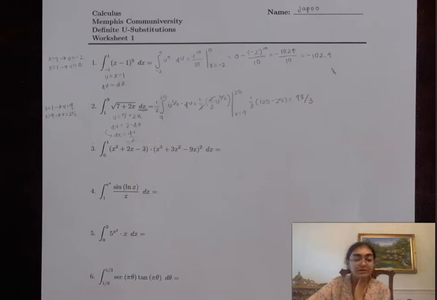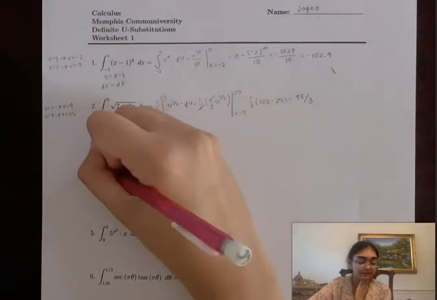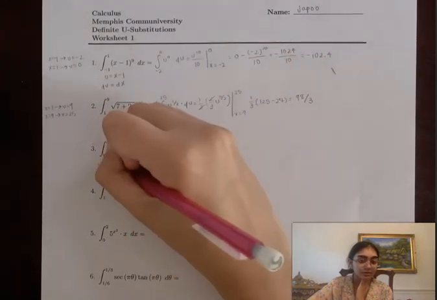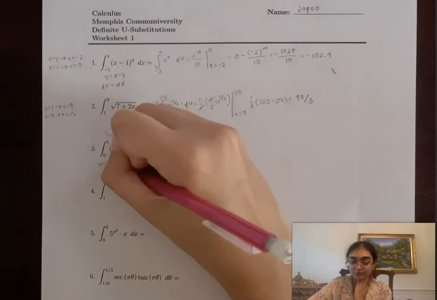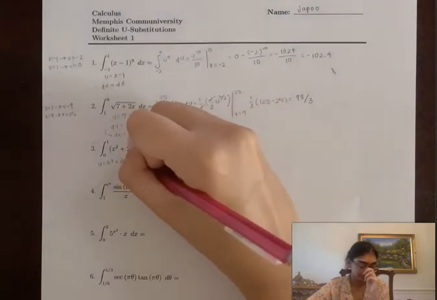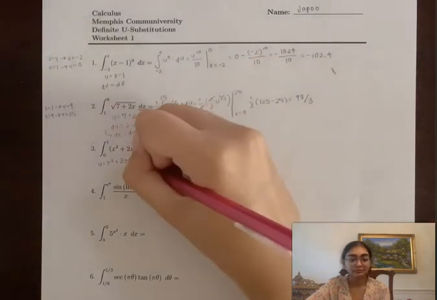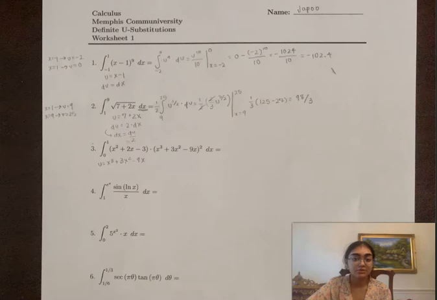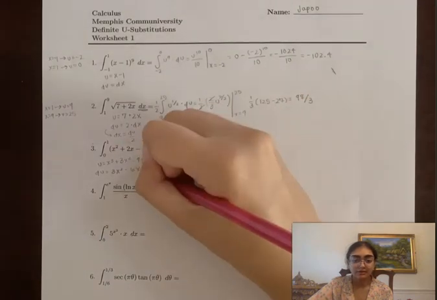So in this case, we're going to make our u x cubed plus 3x squared minus 9x because its derivative is part of the question. So if we take the derivative of that, we're going to get 3x squared plus 6x minus 9.